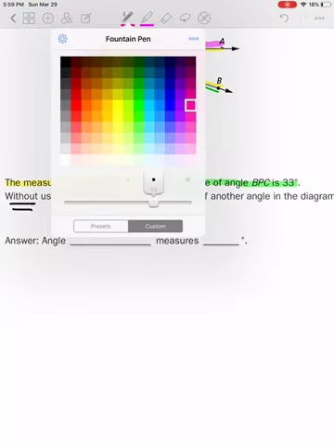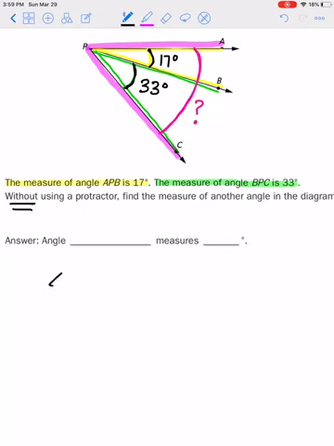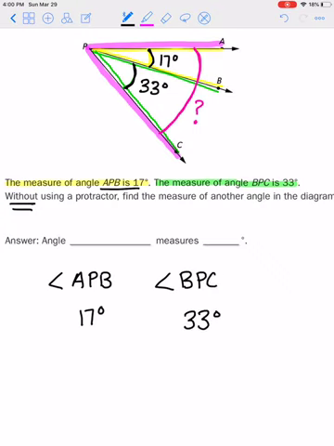So we are going to use addition to help us figure that out. So we know that angle APB is 17 degrees because it tells us that right here. And we know that BPC is 33 degrees. So we are looking for what APC is. We're not quite sure what that angle measure is.